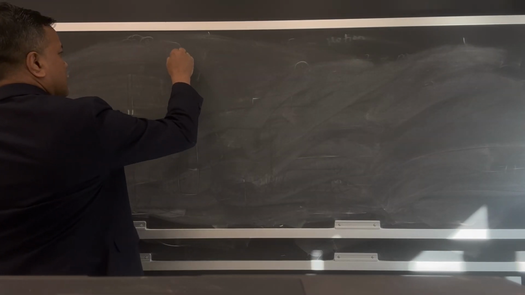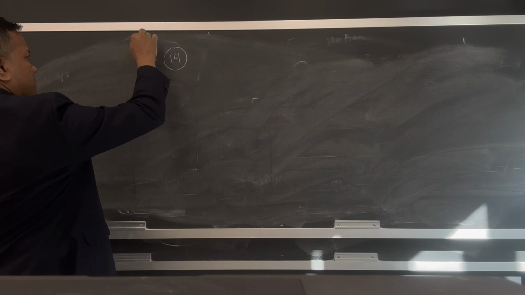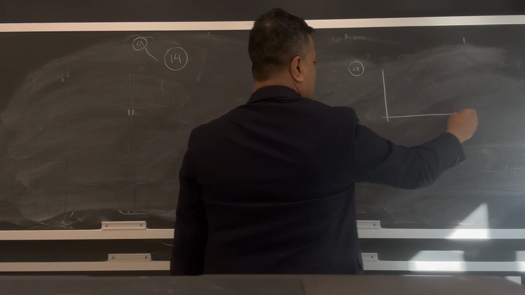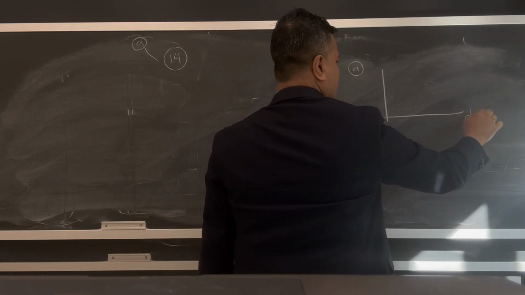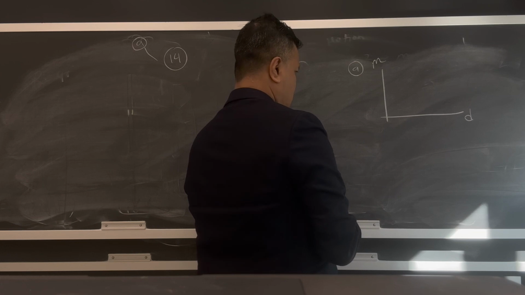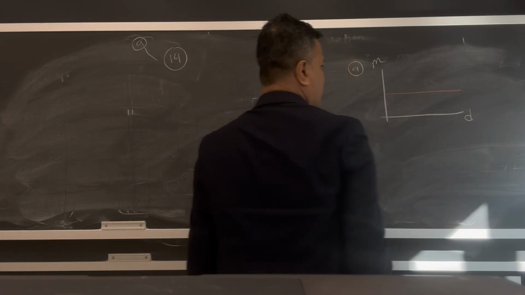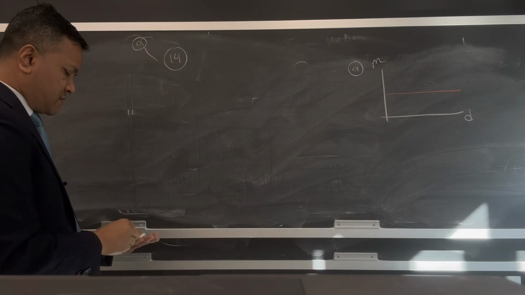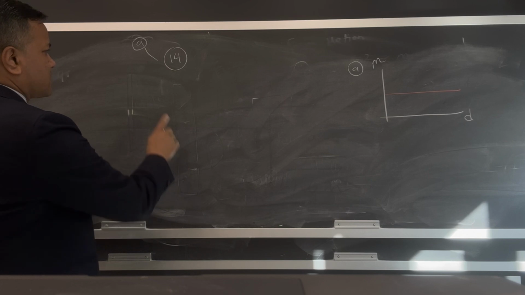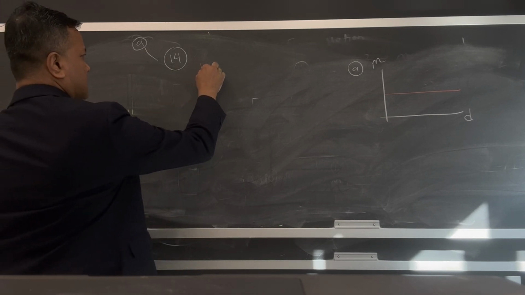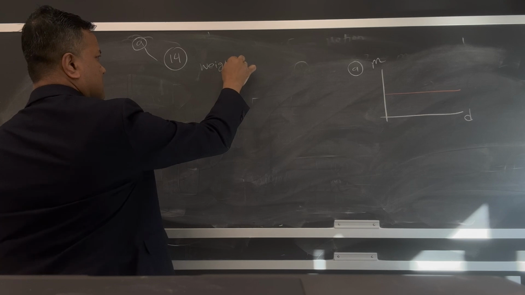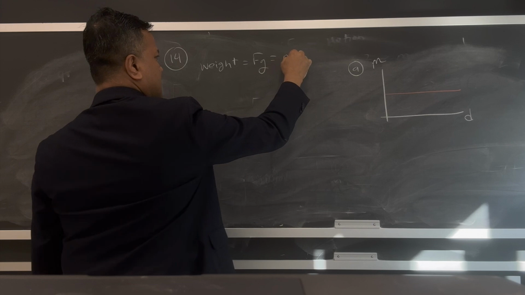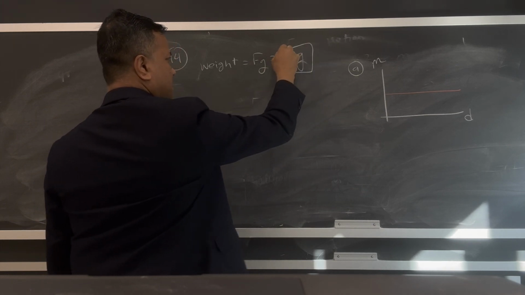Number 14, which is similar to problem 9. Recall problem 9. You have a distance, right? You have a mass. Mass has nothing to do with the distance. Distance increases, decreases, mass never increases or decreases. Problem 14 is the weight. The weight is mass times acceleration due to gravity.